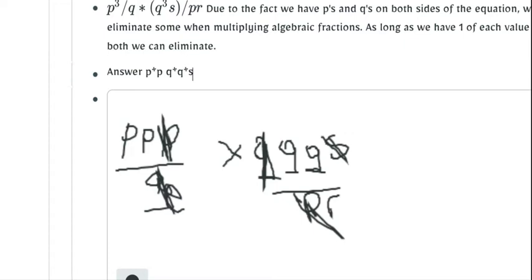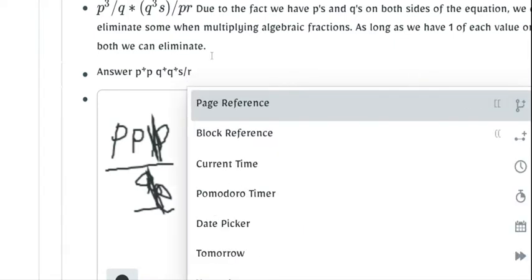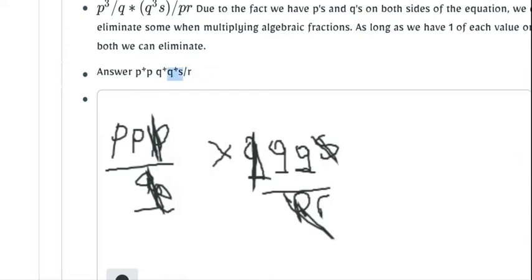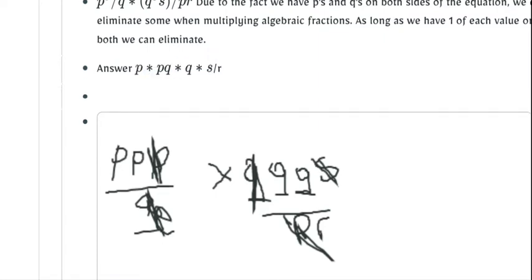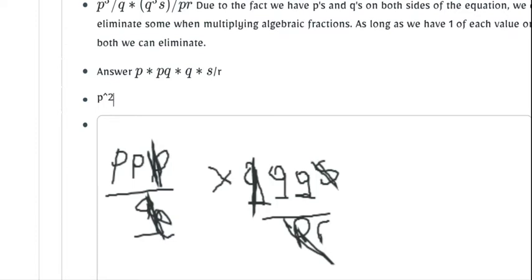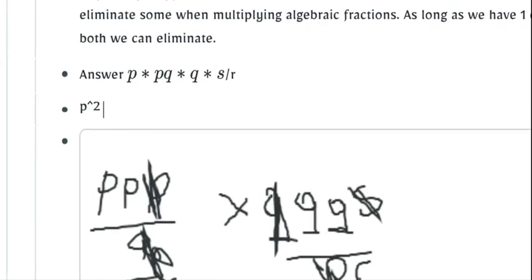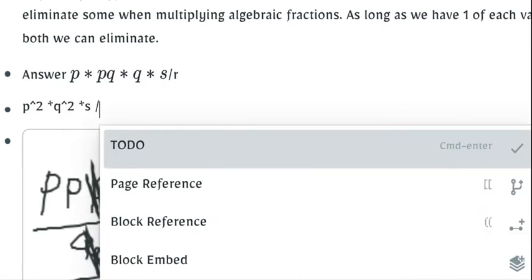So there will be P times Q times S divided by R. But let's simplify, Khalil. That can be simplified further, because we can just state that we have P to the 2 power, Q to the second power, times S, all divided by R.